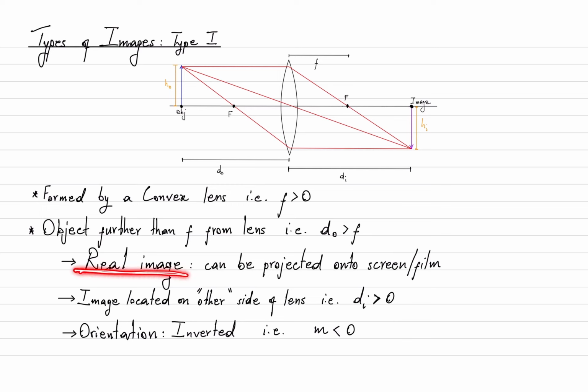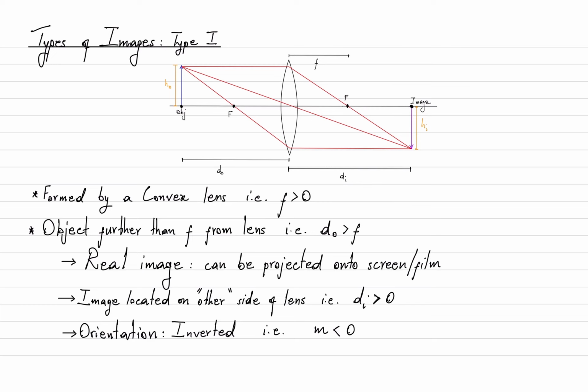It's a real image. What do we mean by real? We say that the image is real because such an image can be projected onto a screen. That is, if we were to put some kind of a screen here, we would actually see the image of this object. And we also mean that the light rays actually pass through that point.